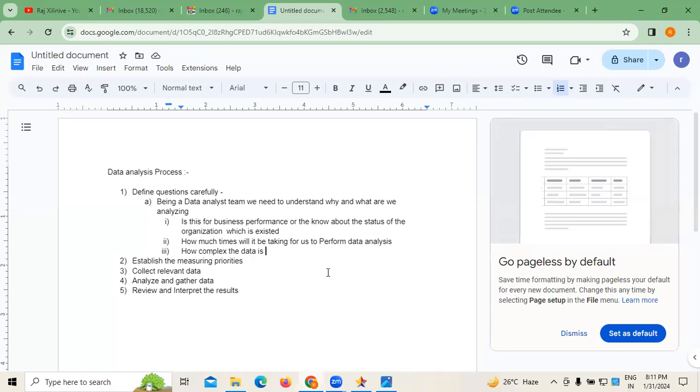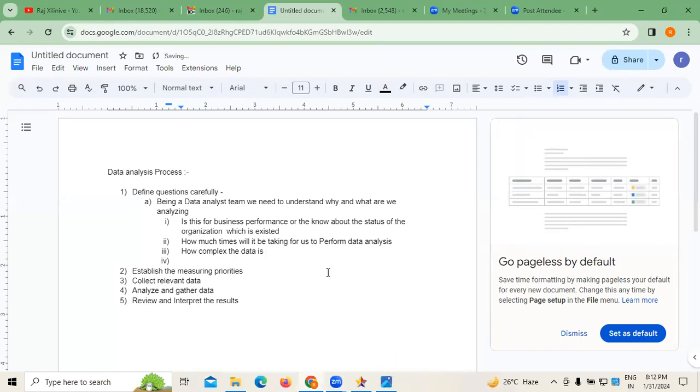How complex the data we have taken is depends on organization to organization. Whatever data we have taken may vary. It will not be the same all the time, right? So data may change from time to time, because there will be some complex data involved in it. Sometimes there may not be much complex data. So that may vary. So complexity of data is something we have to look at.